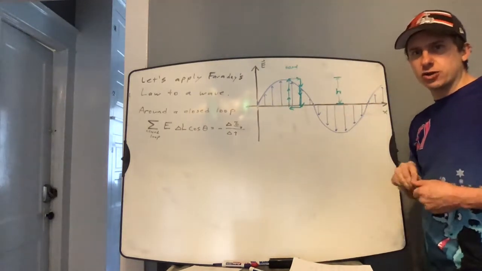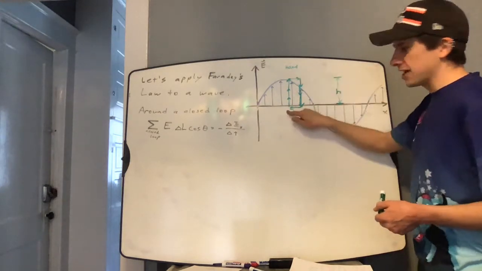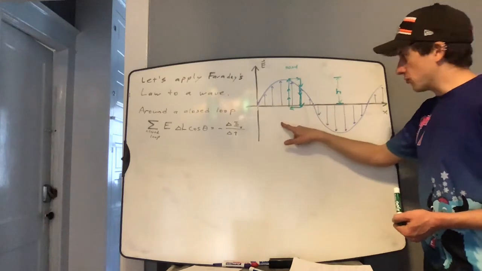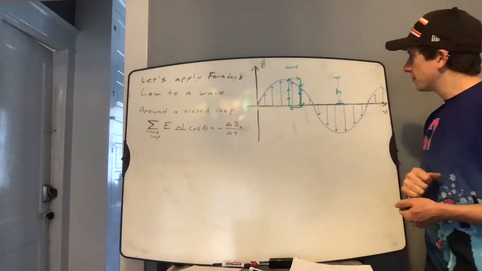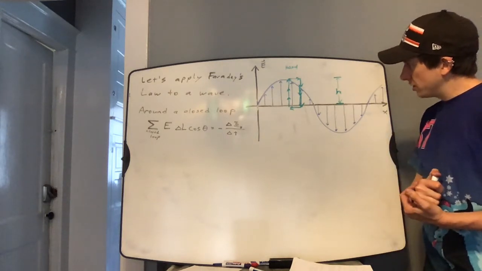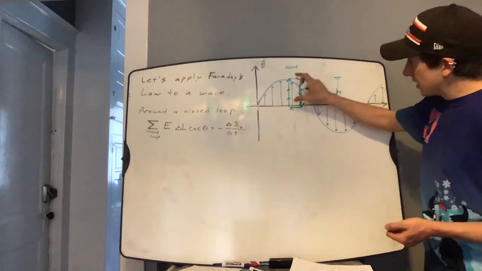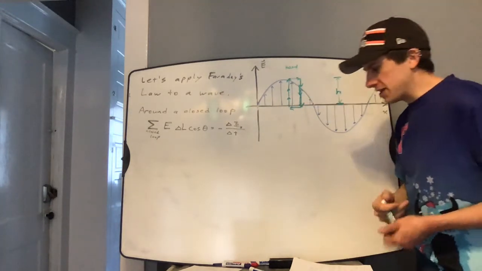So this is the closed loop that I'm traveling. I'll begin down here and walk in a rectangle in a clockwise direction, a height h, a width delta x. Let us notice that when I'm walking upward, the electric field is stronger than when I'm walking downward.